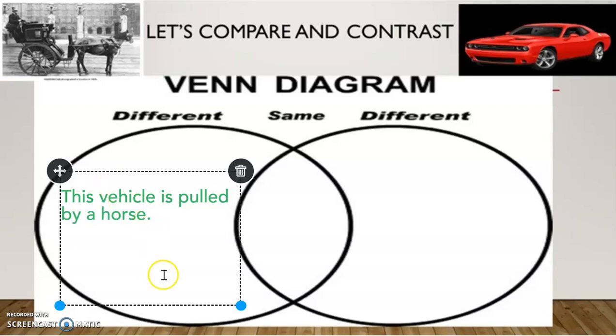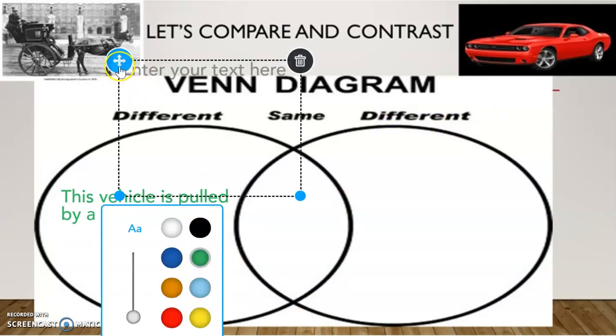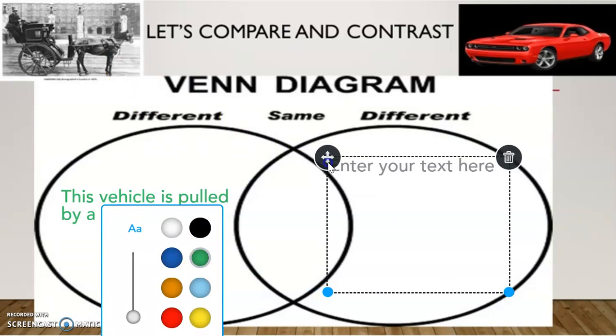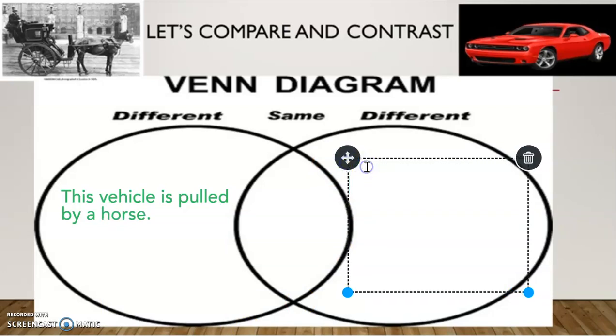And let's see, how is the car different from the horse and buggy? Looking at the car and thinking about how it's different from the horse and buggy, I know that I could say the car is run by an engine. That makes sense to me because I see it's not being pulled by a horse, is it?